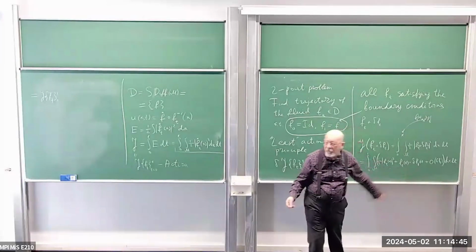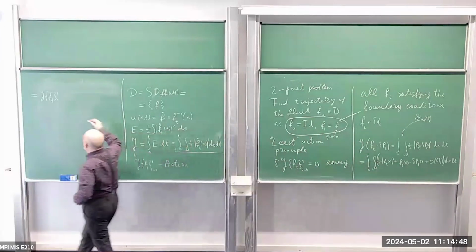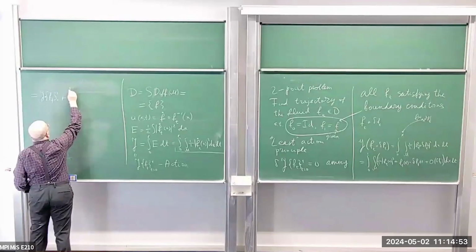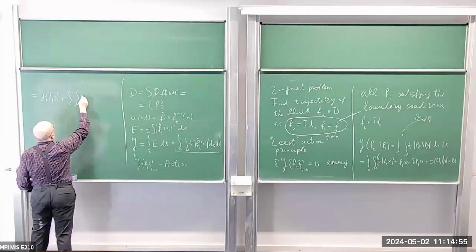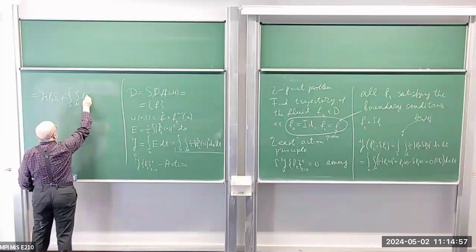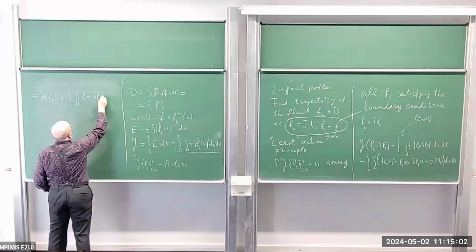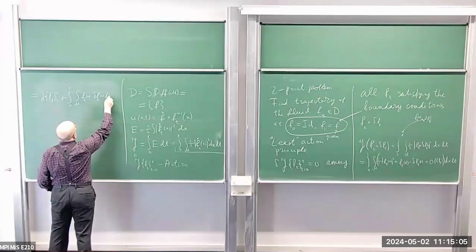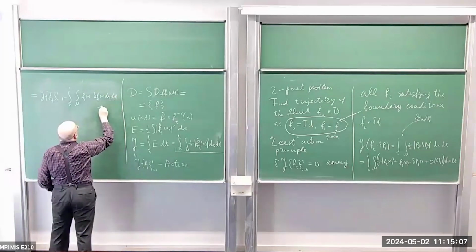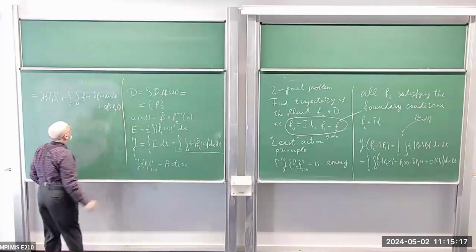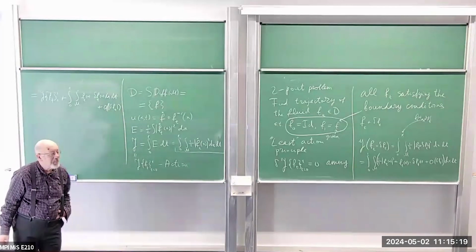It's this term, plus the integral from 0 to 1, integral over M, f_t dot of x, delta f_t dot of x, dx dt, plus the terms of order delta f_t squared.